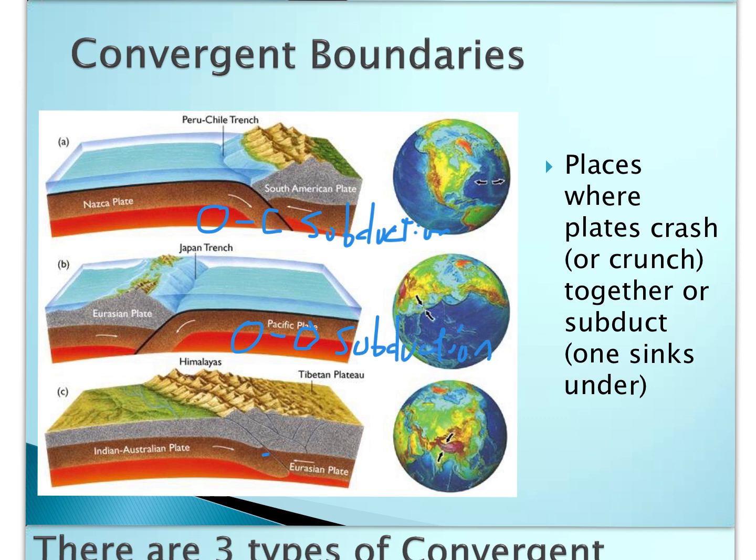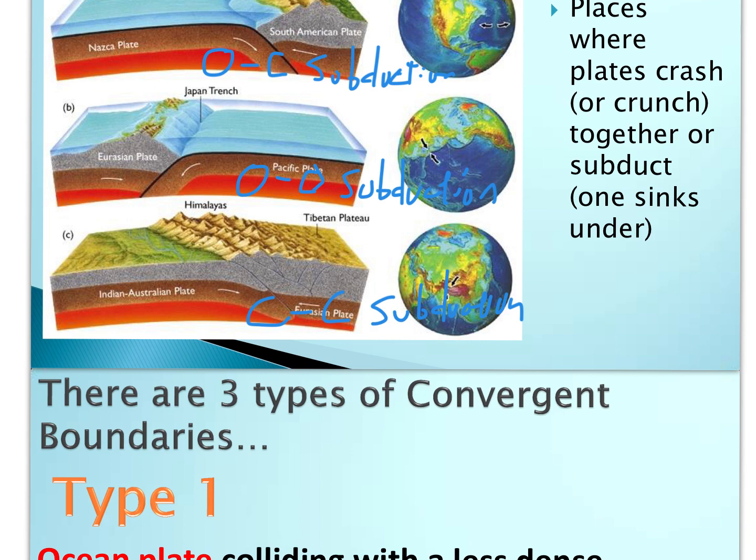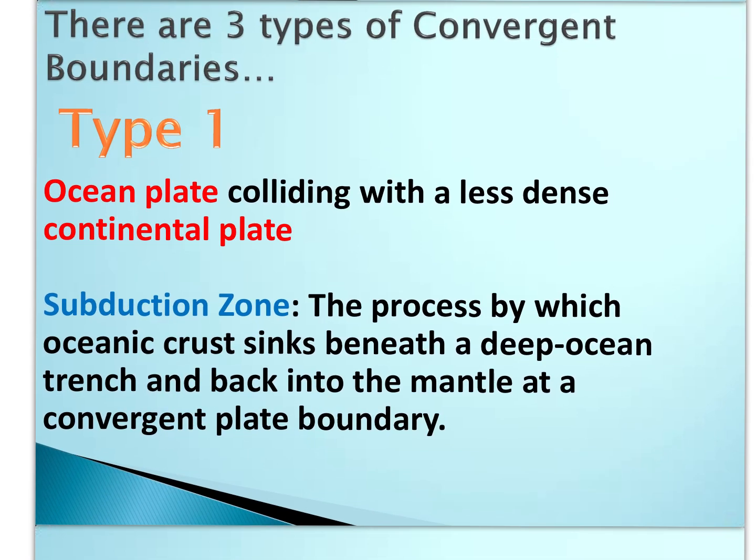And then down here we're going to have continental to continental subduction. These are all, again, types of convergent boundaries. All right. So this gives it a little more detail.